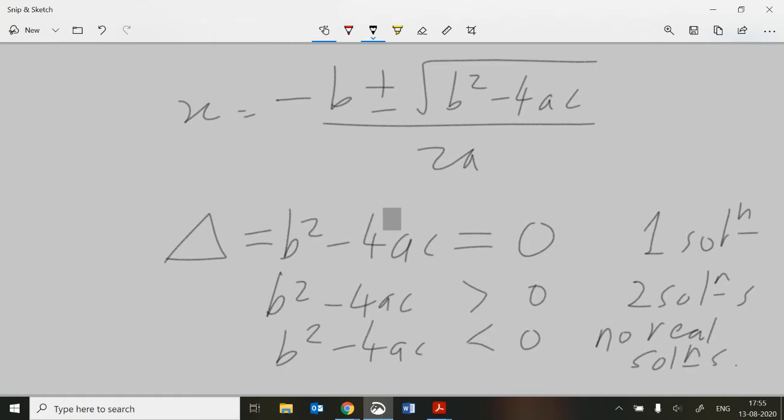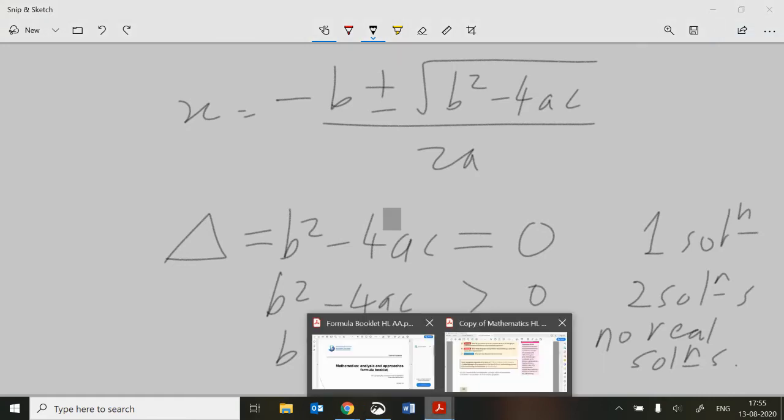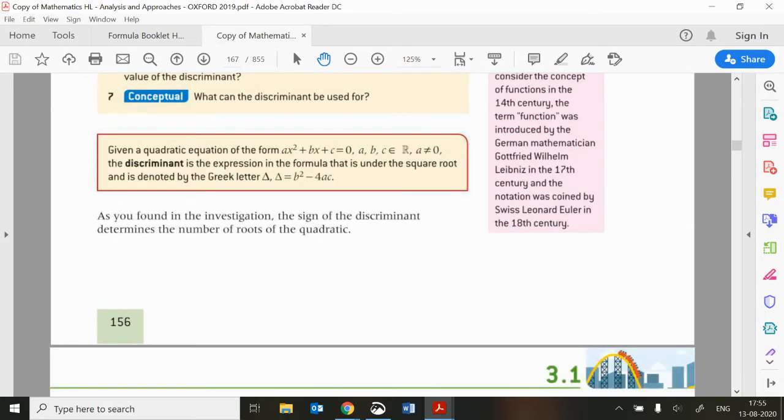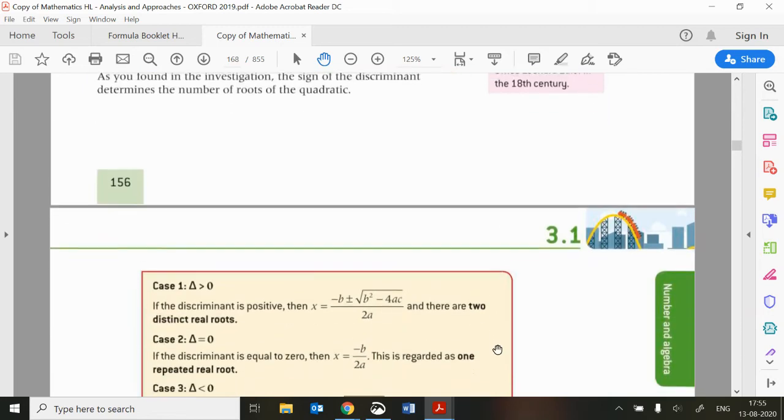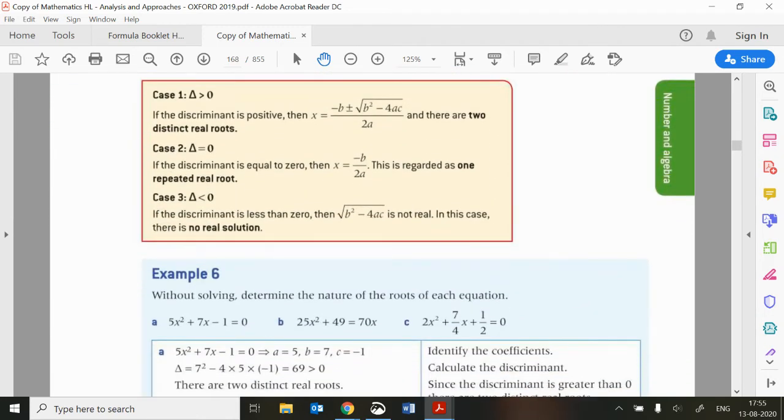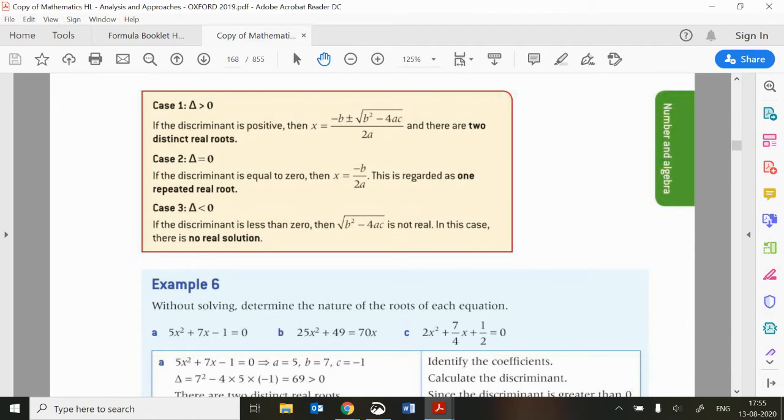So this little bit can tell us how many solutions we have before we go and work out what those solutions are, and sometimes we just care about how many solutions we have. They're saying that delta is a Greek letter, by the way. And there are our cases. Interestingly, they say two distinct real roots.